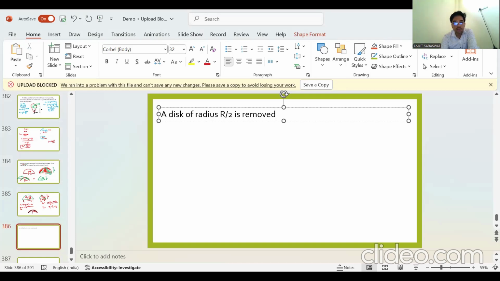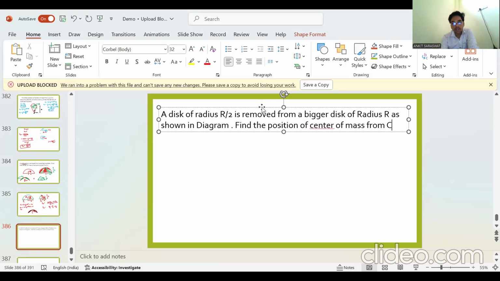I will draw the diagram. Find the position of center of mass from C. Now, what is C? I will explain.